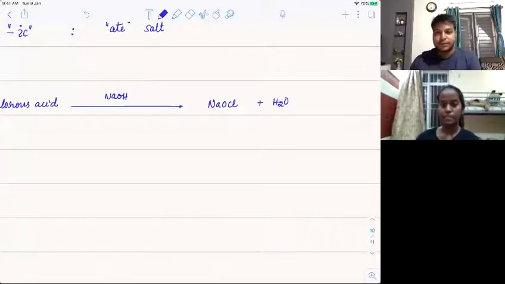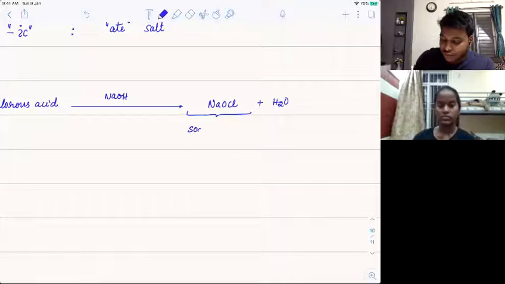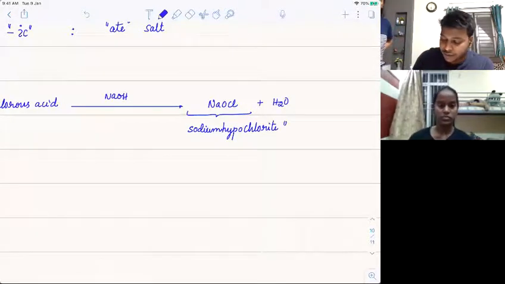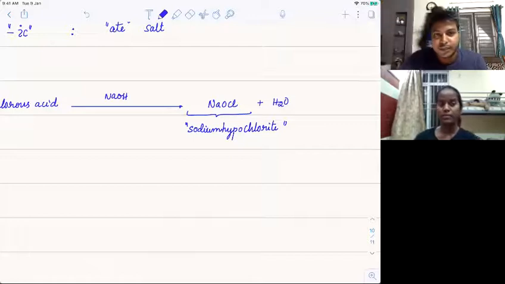This is the salt which is formed. So how do we name this salt now? This is going to be sodium hypochlorite. This is sodium hypochlorite. Got that?